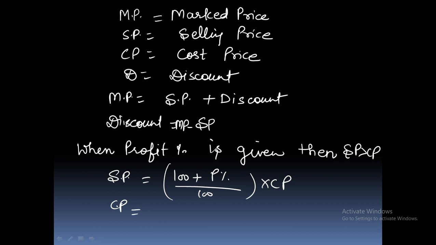If you want to calculate cost price, then selling price will be also given. Selling price multiply 100 divided by 100 plus profit percentage. And if you want to calculate profit, then cost price multiply profit percentage over 100.